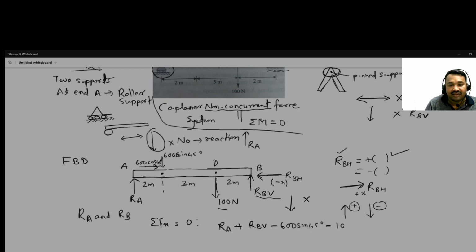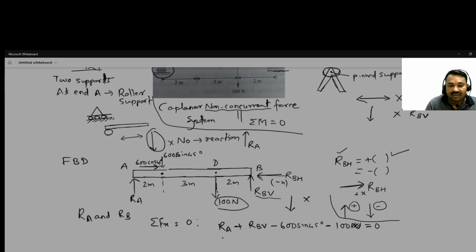Okay, and 100 this one acting downward side, that's why. Okay. And it is 100, so this unit no need to write here, is equal to 0.